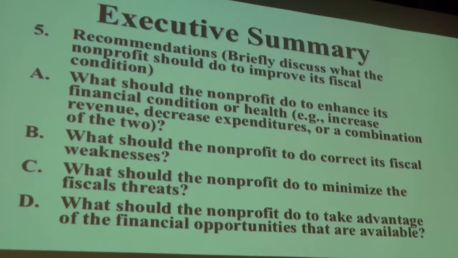The next component of the executive summary after the findings is the recommendations. So you briefly discuss what the nonprofit should do to improve its fiscal condition. Should the nonprofit increase revenue, decrease expenditures, or implement a combination of the two to enhance its financial condition?